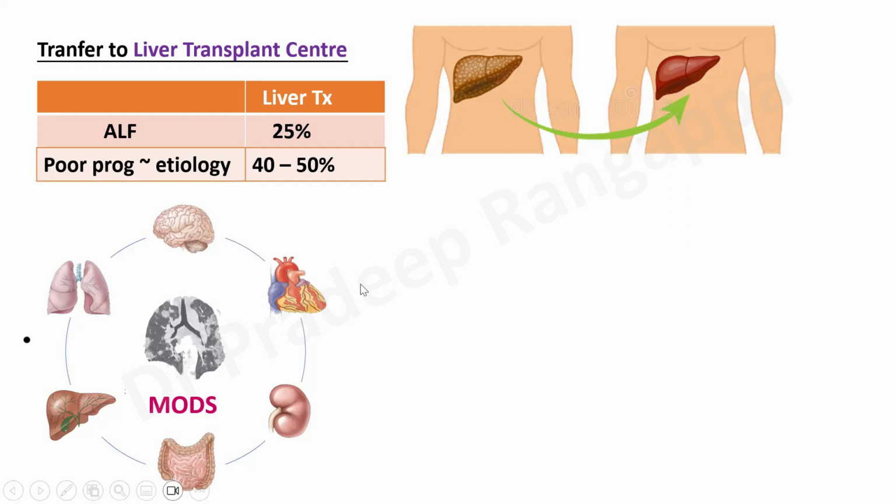Any other secondary organ dysfunction setting in. If they're getting encephalopathic, if they're getting hypotensive, if they are having acute kidney injury, or if they're going into coagulopathy, or if gas exchange is getting worse, any multi-organ dysfunction or any other organ dysfunction setting in is an indicator that they need liver transplant.